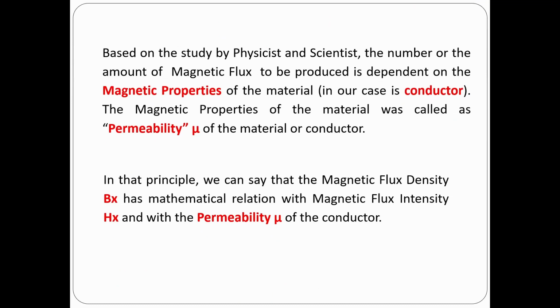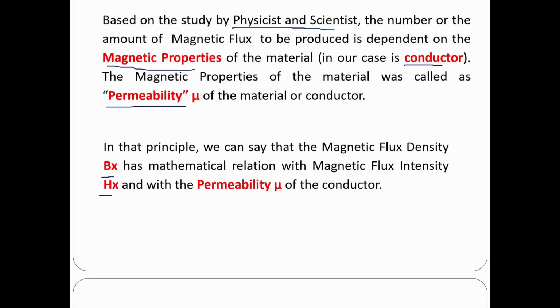Based on the study by physicists and scientists, the amount of magnetic flux to be produced is dependent on the magnetic properties of the material. In our case, it is a conductor. The magnetic property of the material is called the permeability mu of the material or conductor. In that principle, we can say that the magnetic flux density Bx has a mathematical relation with the magnetic field intensity Hx and with the permeability mu of the conductor.